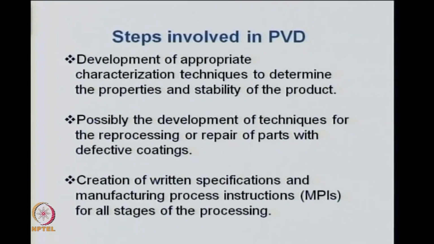So, if you have films which have pinholes or which are not forming very uniform films, then there needs to be a possibility of developing a method by which you can remove those pinholes, or you can do some annealing or other processing by which you can improve the quality of the film, make it more uniform, make a film which is lacking in pinholes with uniform thicknesses, etc.